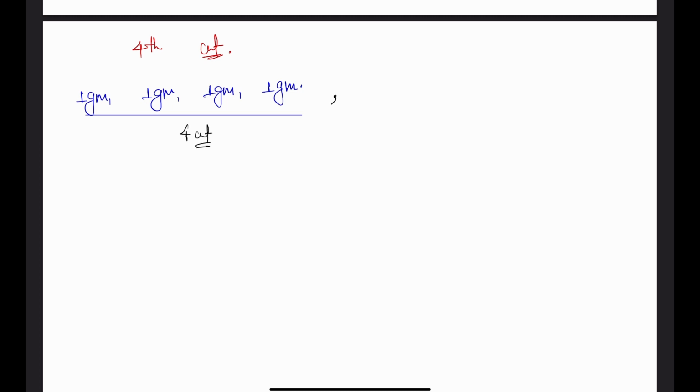Now the positions will be defined. The first position will be 5 gram. The second position will be 5 plus 4, 9, so we can do 9 and what we cannot do is 10 gram.